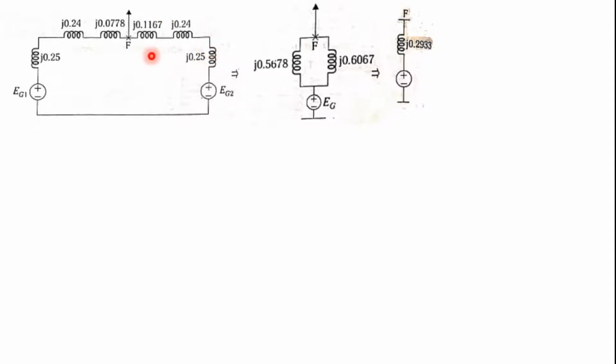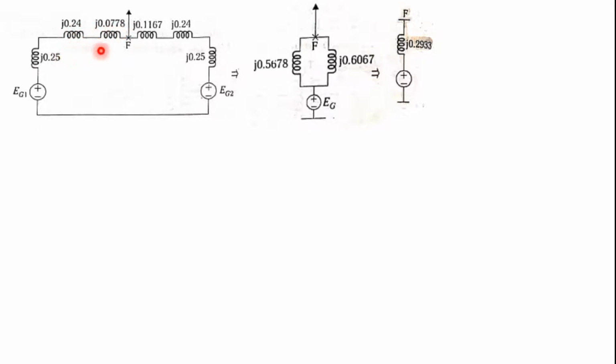Because of this fault at this point, we have to make sure the source EMF is short circuited or neglected. So the values are 0.24, 0.24, 0.25, 0.24 and 0.0778.